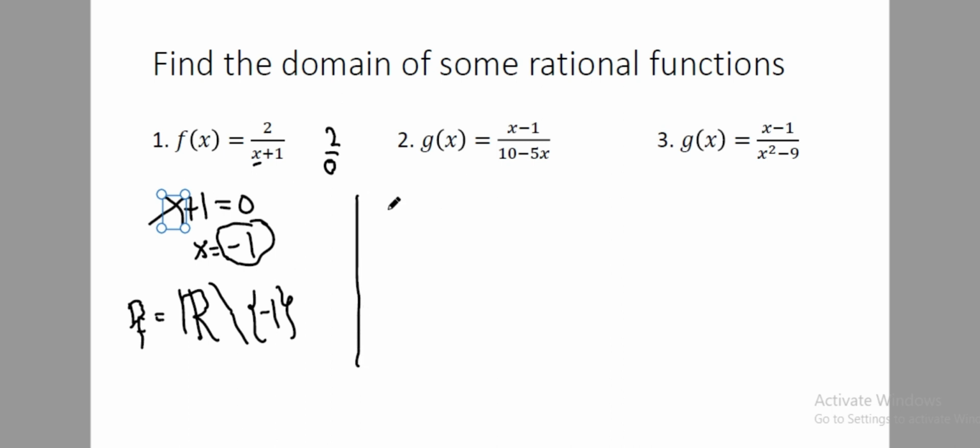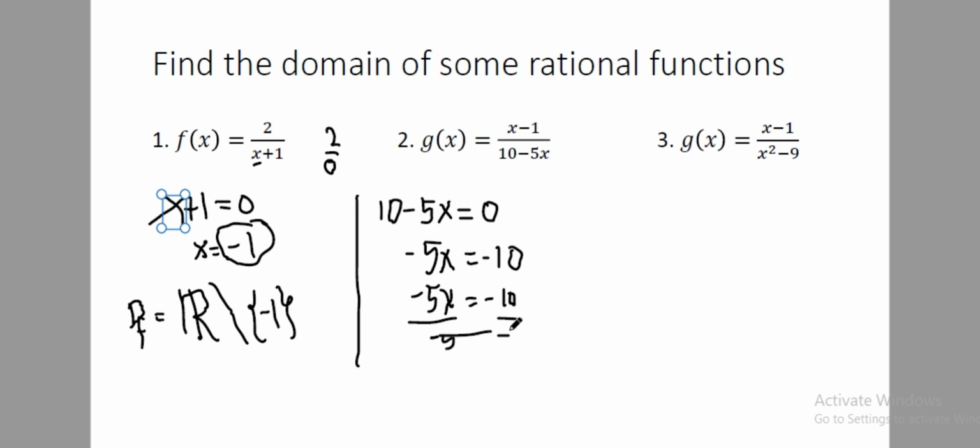Okay, so again, number 2, we'll start with the denominator. So we have this. Negative 5x is equal to negative 10. So divide both sides by negative 5. So we have x is equal to negative 10 over negative 5, that is positive 2.